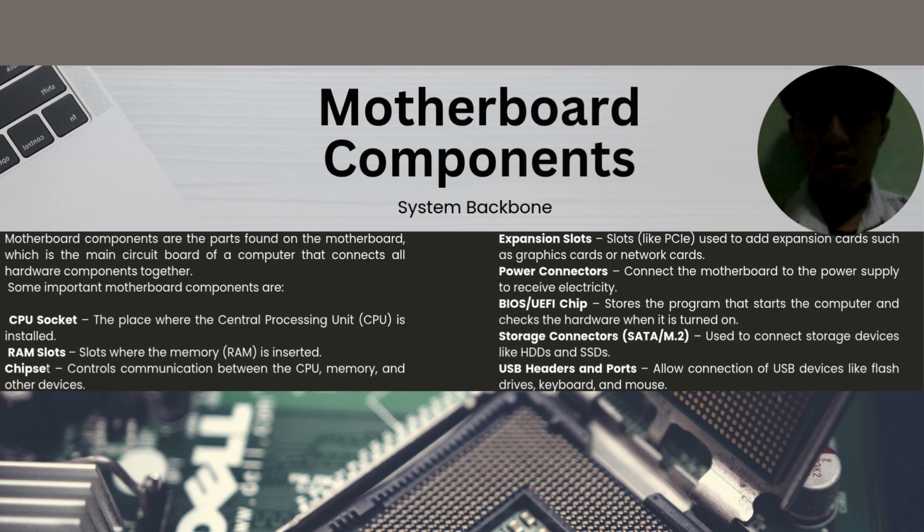Some important motherboard components are the CPU socket, the place where the central processing unit is installed; the RAM slot, slots where the memory RAM is inserted; the chipset, which controls communication between the CPU, memory, and other devices; and expansion slots like PCIe, used to add expansion cards such as graphics cards or network cards.